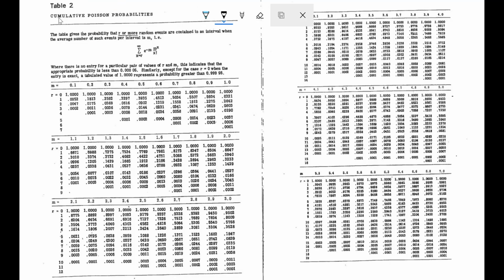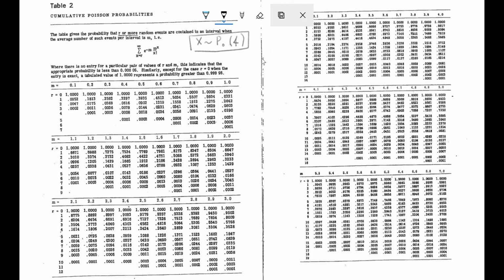Now we look at how to get the probability from the Poisson probability table. Let's say we have a Poisson with mu equal to 4, so this is the Poisson distribution with mean equal to 4.